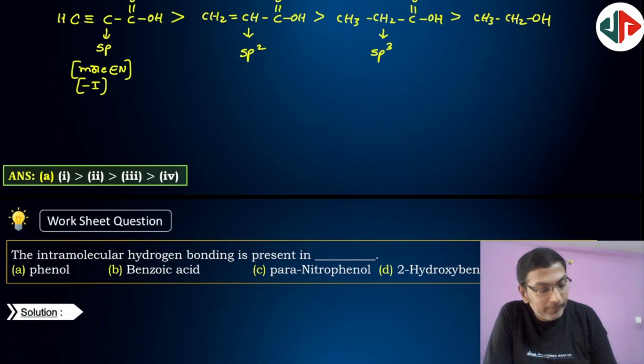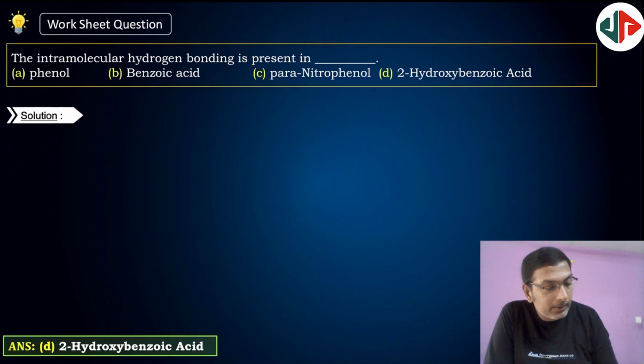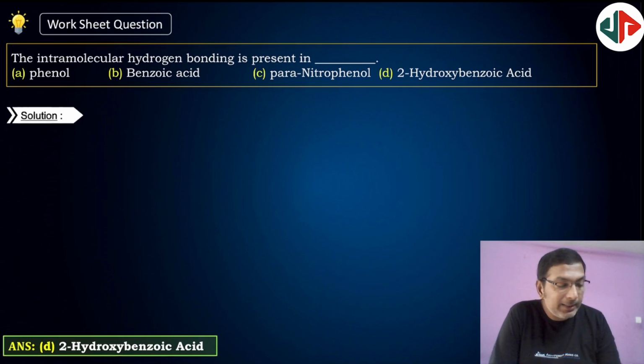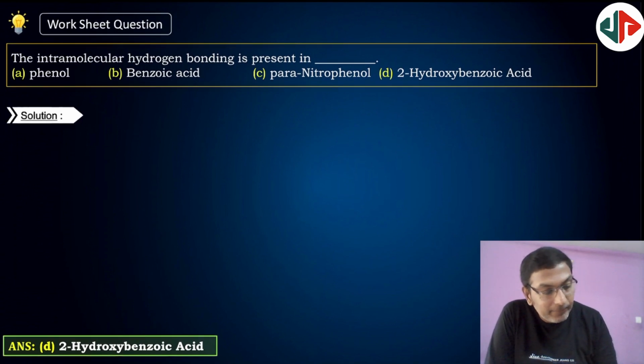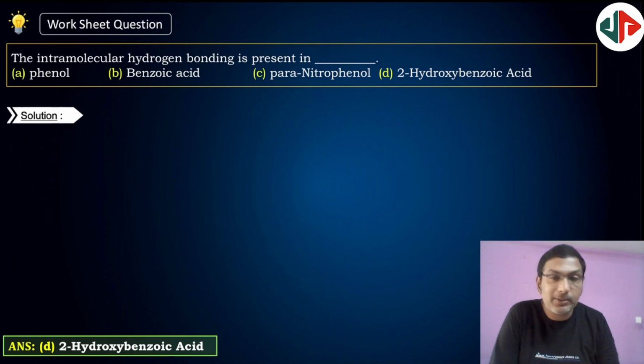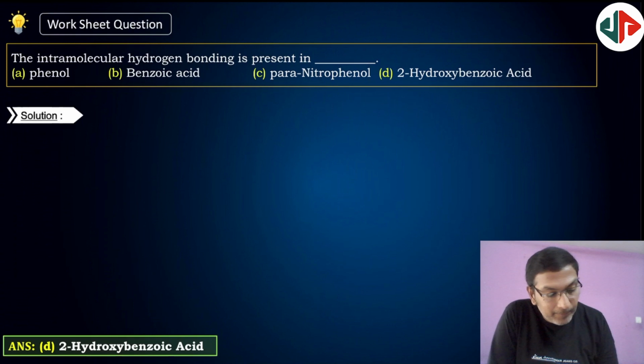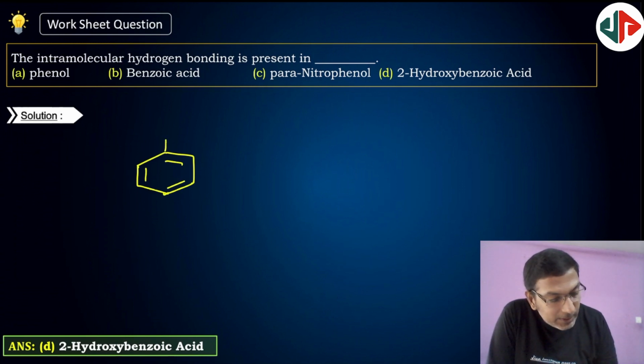Next. The intramolecular hydrogen bonding is present in. Intramolecular hydrogen bonding means hydrogen bonding within the same molecule. It will be like this. I am checking the fourth option, 2-hydroxybenzoic acid.